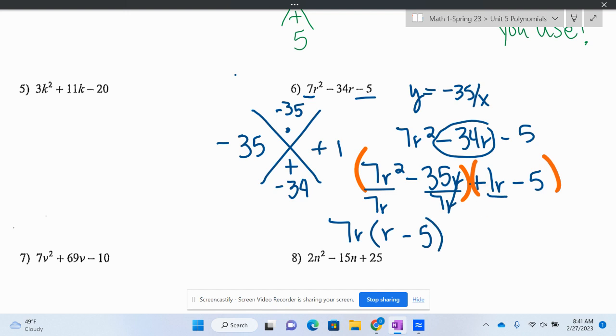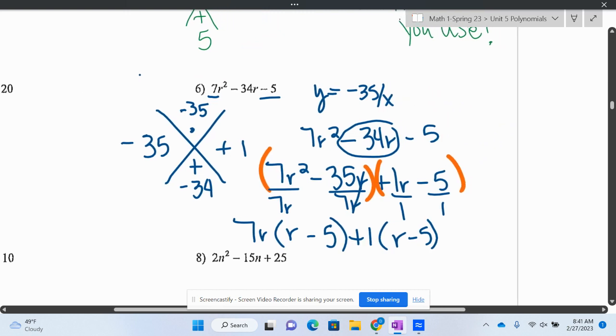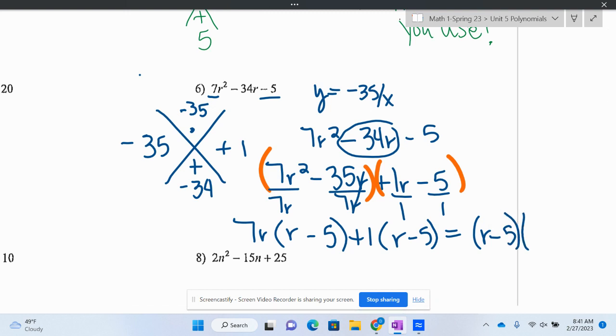And if I take out, what's the only common factor between 1 and 5? 1. I'm going to take out a positive 1, and that leaves me with r minus 5. Do I have a copycat? I do. Copycat comes first. r minus 5. What do I have left over? 7r plus 1. There you go.